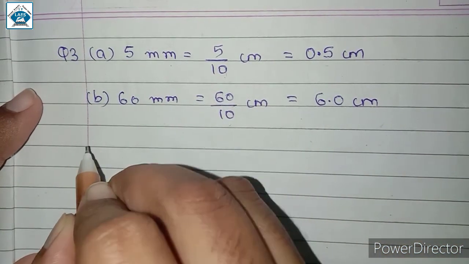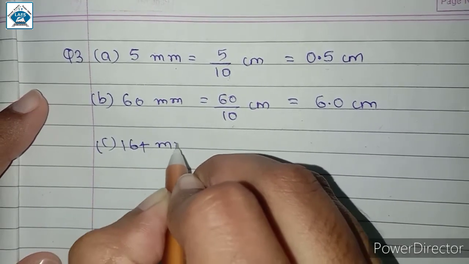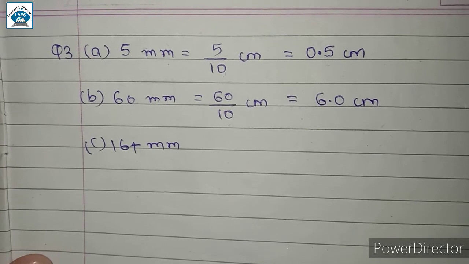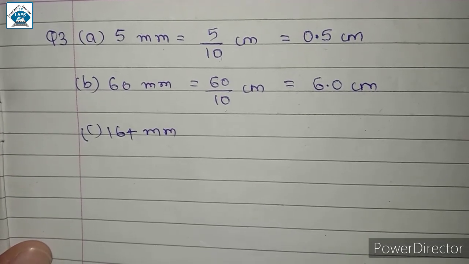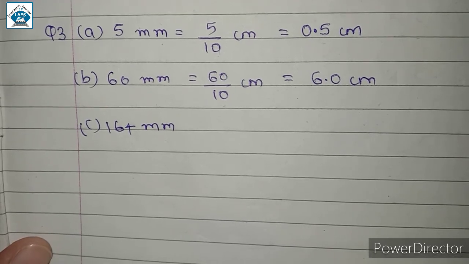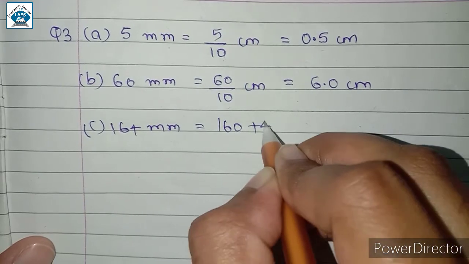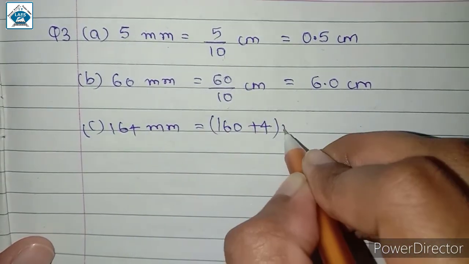In sub question C, you have 164 millimeter. Now, as I told you, we have 10 millimeter is equal to 1 centimeter. So we can write this as 160 plus 4 millimeters.